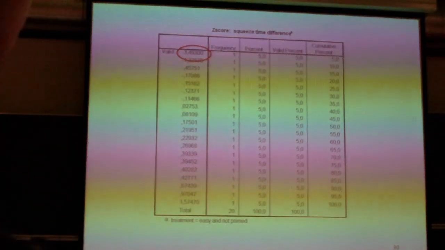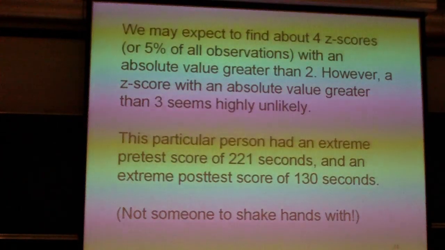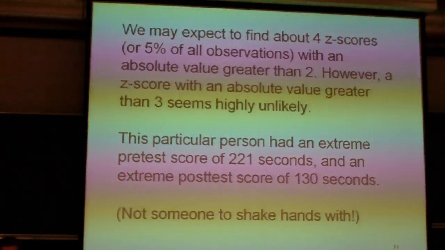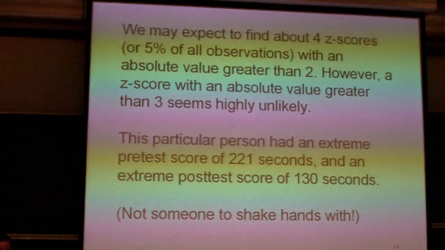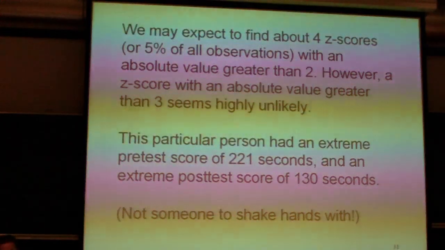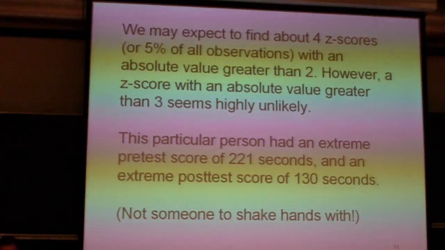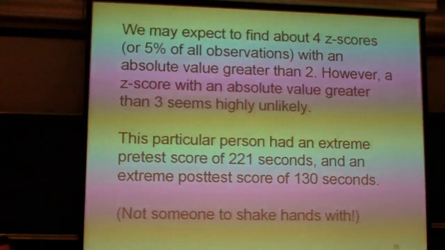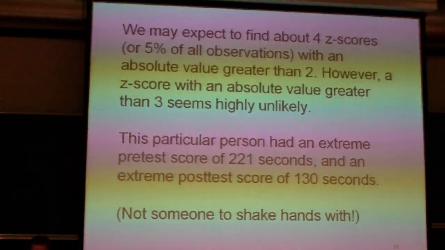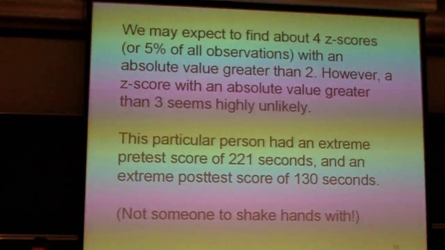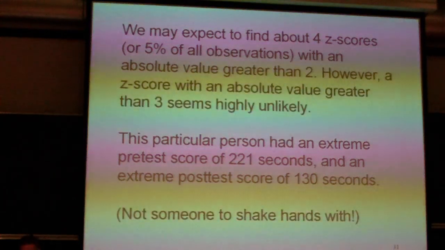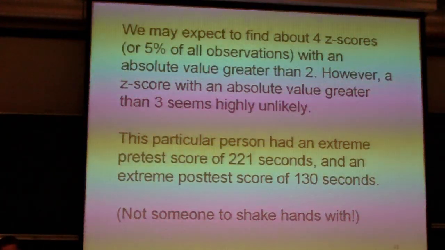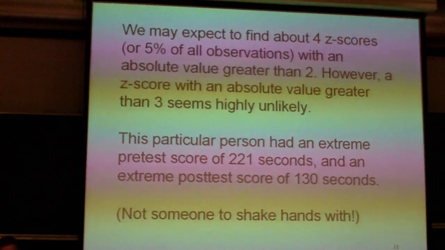Now, you all know the standard normal distribution, of course, and you realize that if you have a large collection of observations, you would expect to find about 5% of all the observations with an absolute z-score value greater than 2.